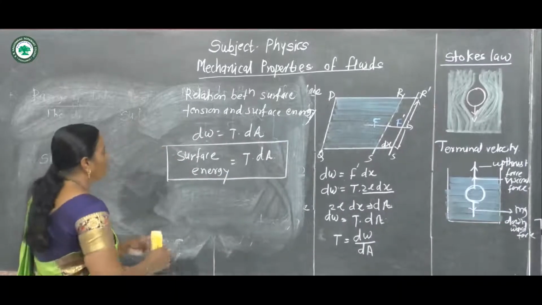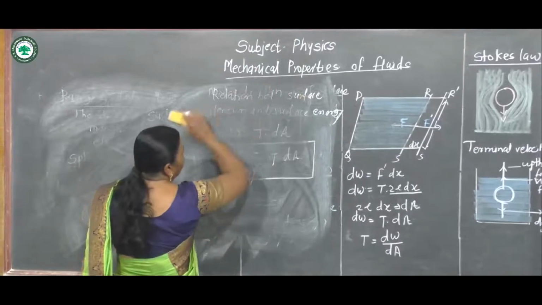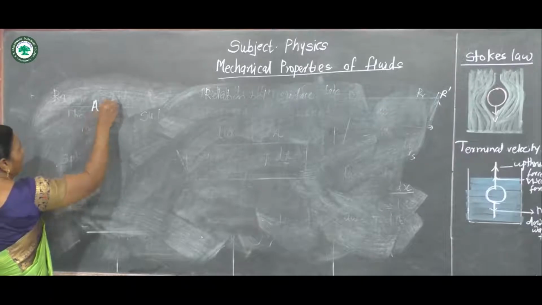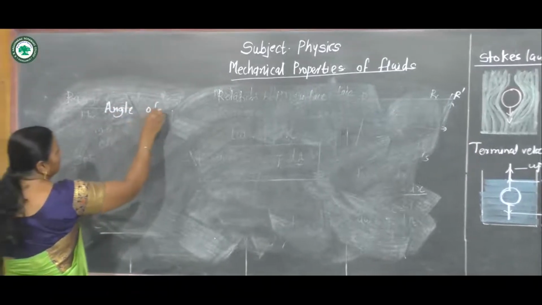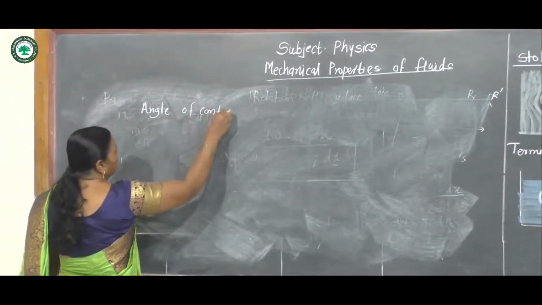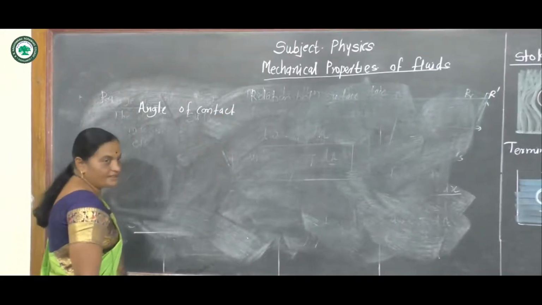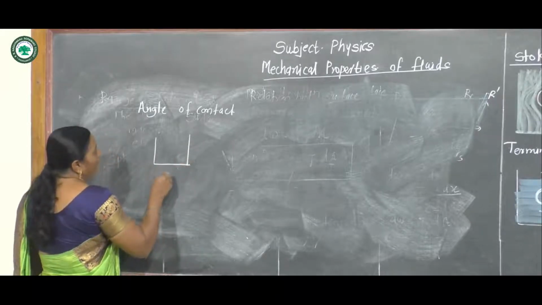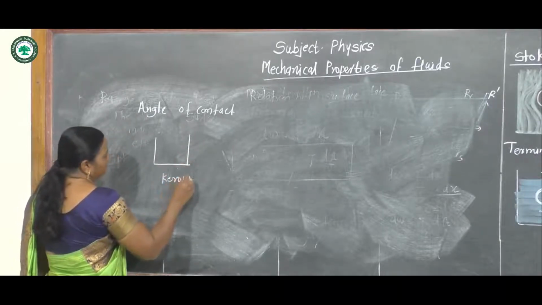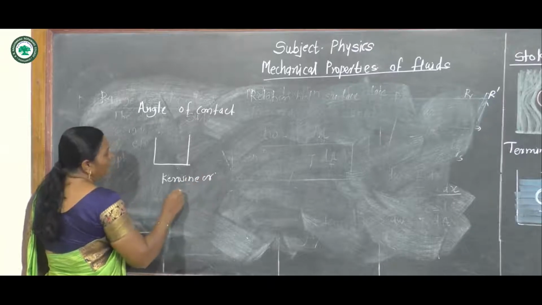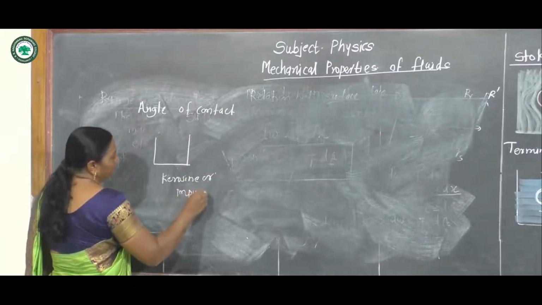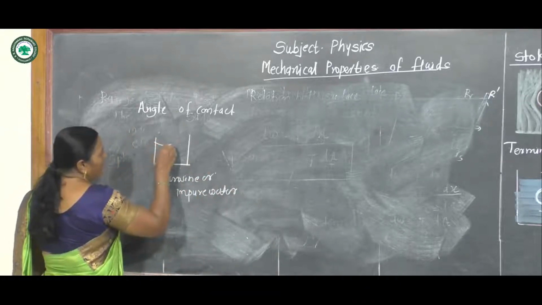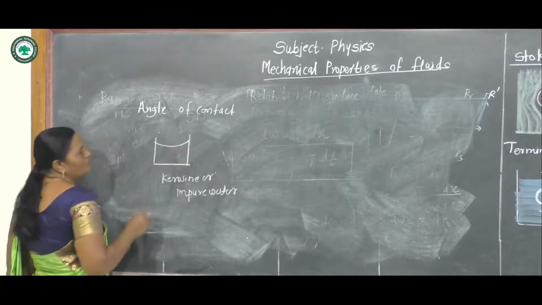Now, we see the next concept, angle of contact. Suppose we consider kerosene or impure water. The free surface of the liquid is concave.